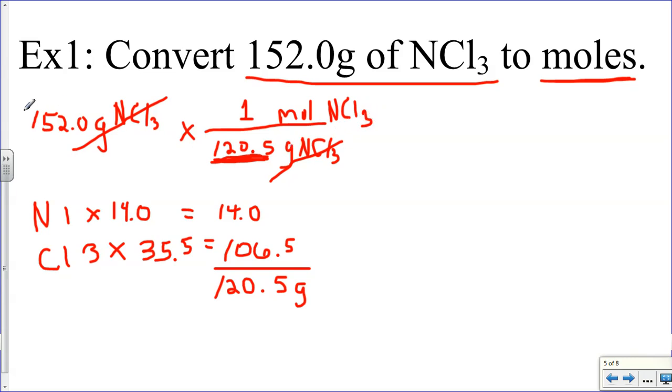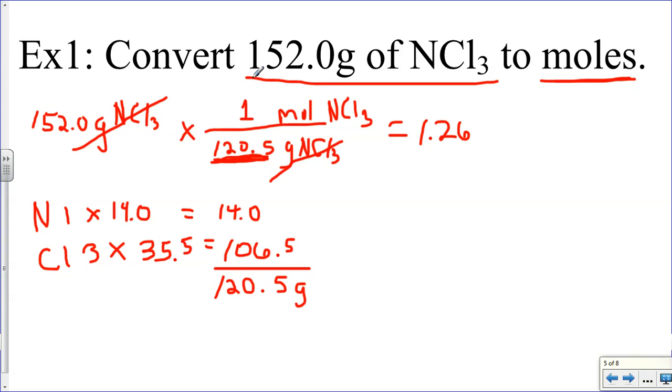Okay, so we're going to take 152 times 1 divided by 120.5. That comes out to be 1.26141, blah, blah, blah. And we want to have at least 3 significant digits.